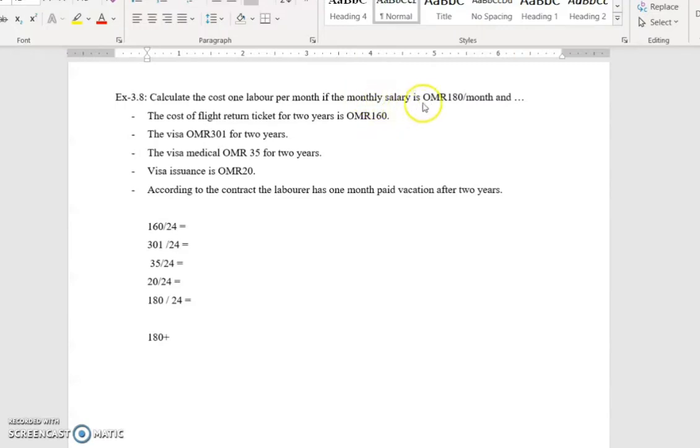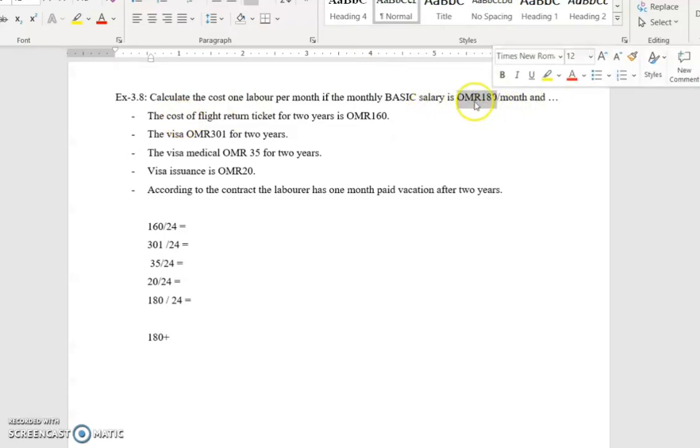If his basic salary, we can say basic, they call it, is 180 per month, and this laborer we pay him every month 180 Omani riyals. However, we are paying different types of items for this laborer also. A return flight ticket for 2 years.